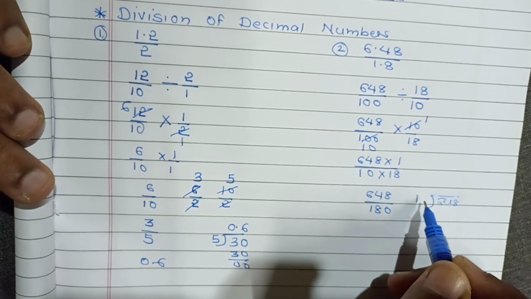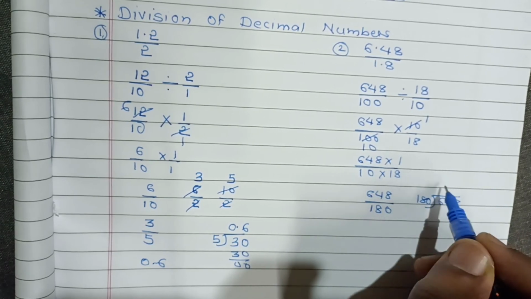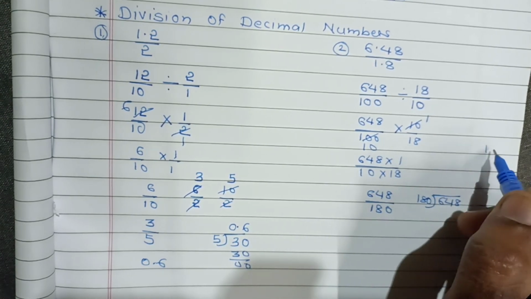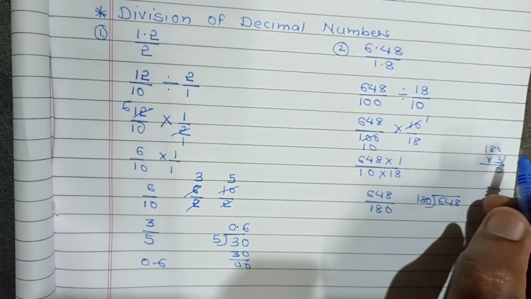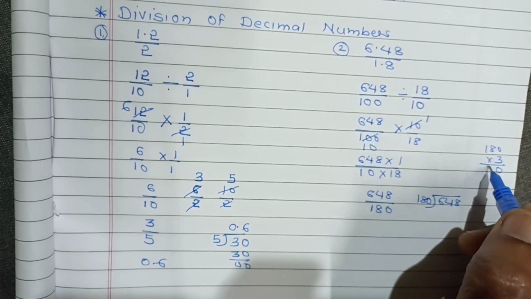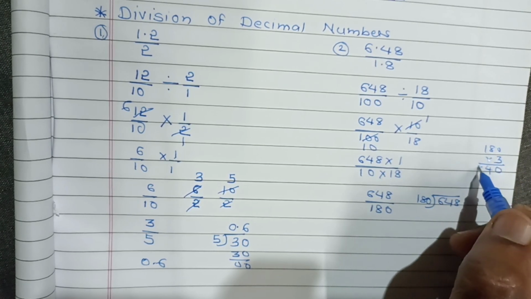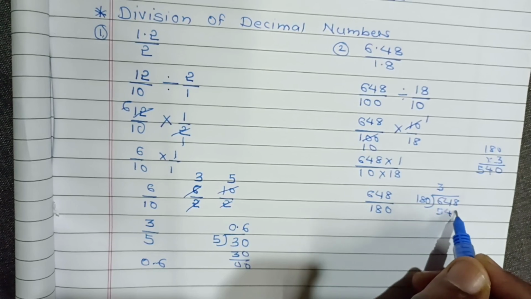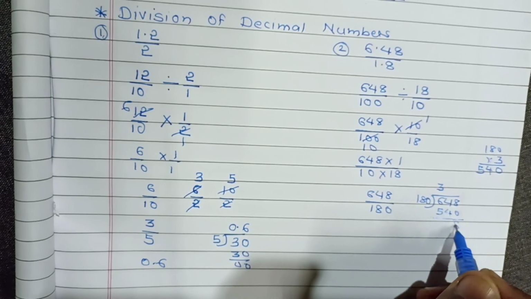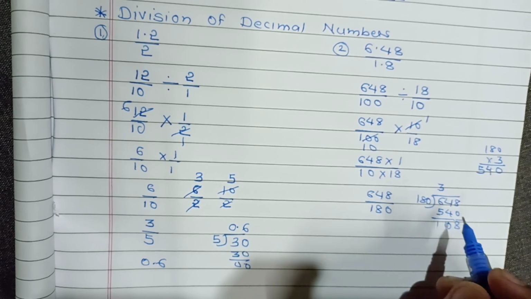648, 180. So 180 into 3 is 3 into 0 is 0. 3 into 8 is 24. 2 remain. 3 ones are 3 and 540. 8 minus 0 is 8. 4 minus 4 is 0. 6 minus 5 is 1.